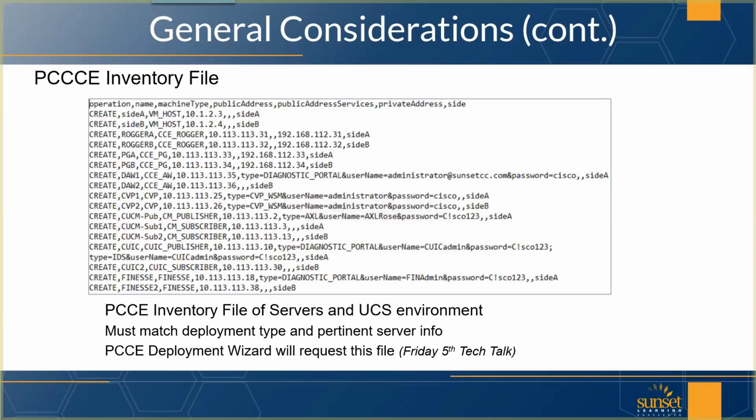This is really like an answer file, such that when the wizard runs, it looks to this inventory file for details of how it should configure a particular device, a Logger, if you're doing that, AW, CUIC, etc. It will provide things like the IP addresses, the side A or side B that's being assigned for that particular host, and other things like services that are assigned to that device.